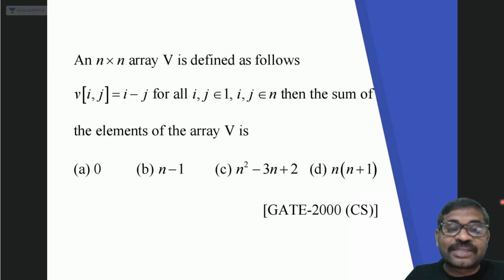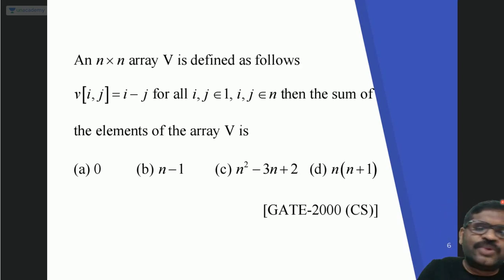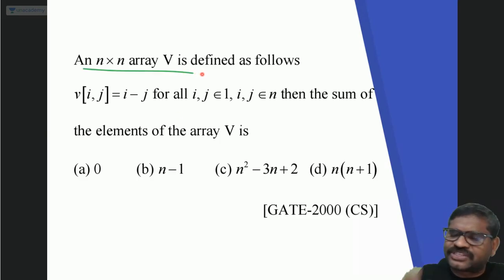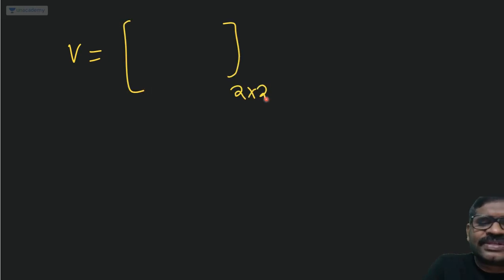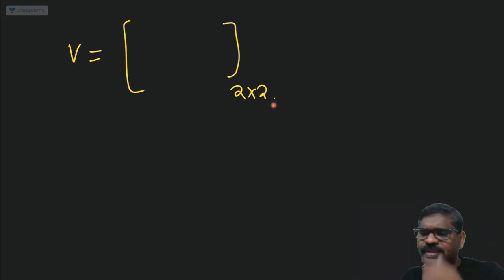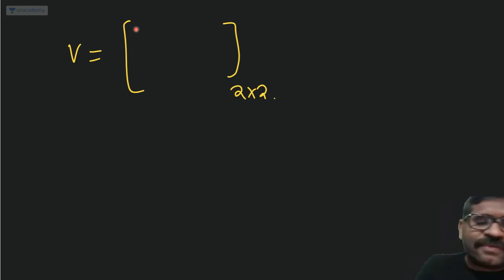Then the sum of elements of the array. You need not take an n cross n matrix, n cross n array. Just take a simple 2 cross 2 matrix. Based on that, you can estimate. Suppose V is a 2 cross 2 matrix: V11, V12, V21, V22.